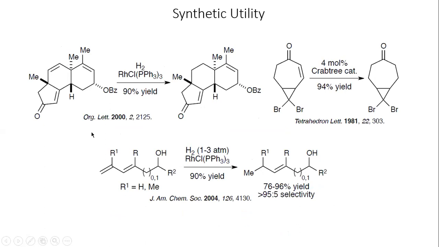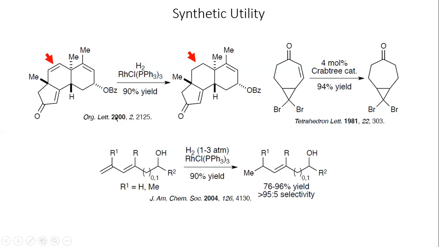And these are some examples, right? These are not asymmetric examples. These are examples of how the catalyst can be selectively used to hydrogenate alkenes. So you can see right here, you got 3 alkenes in this molecule, but only one gets hydrogenated with a Wilkinson's catalyst, and you get about 90% yield.